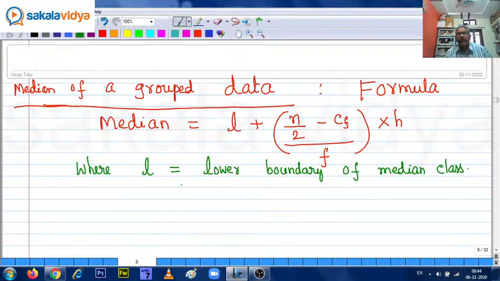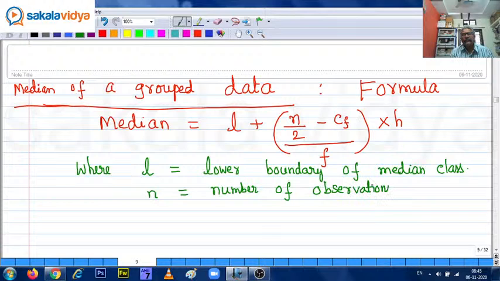L stands for lower boundary of median class. N stands for number of observations, total number of observations, or total frequency, sigma F.